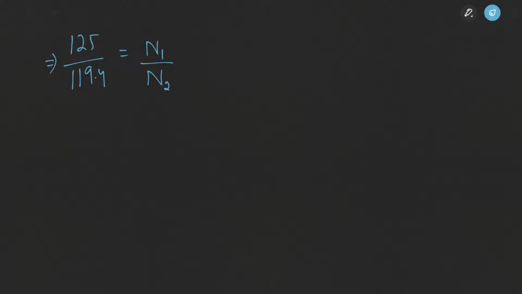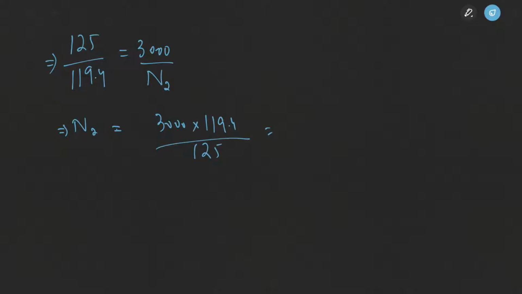We know N1 is equal to 3000 rpm. Therefore, what will N2 be equal to? 3000 into 119.4 divided by 125.